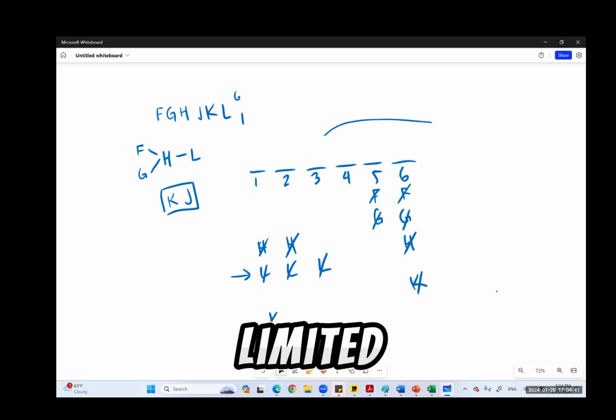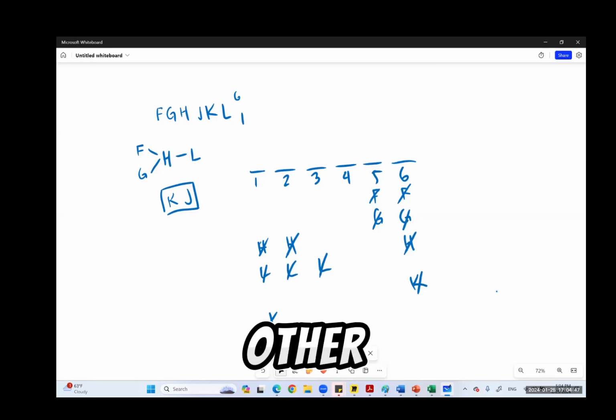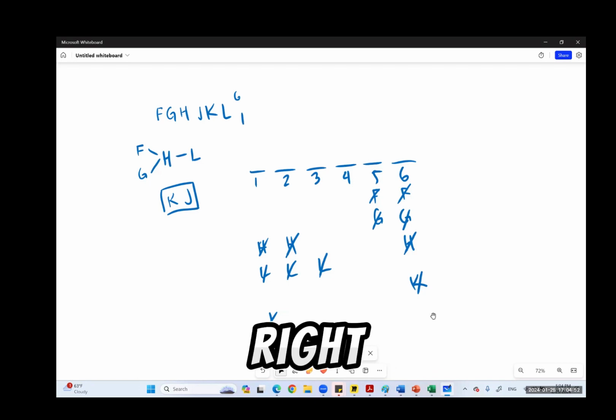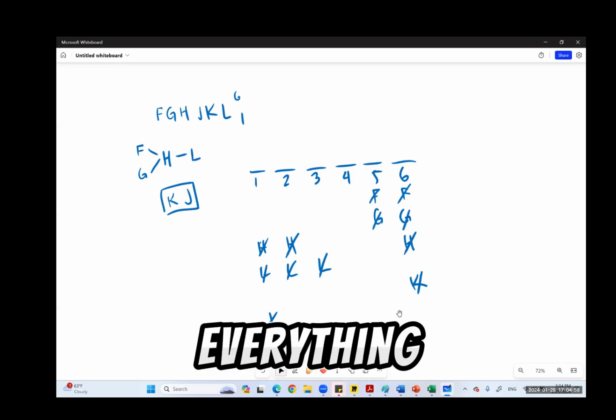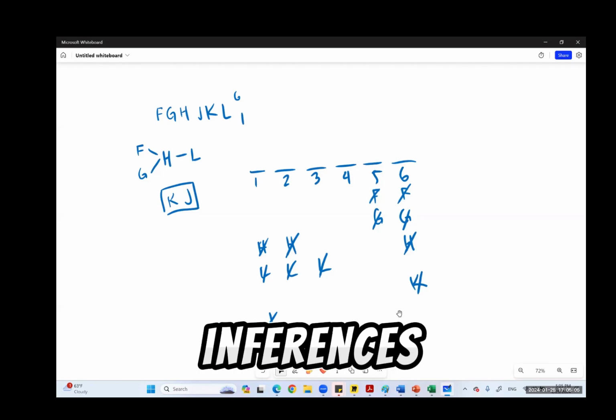L is actually pretty limited. It's not super limited, but it's kind of limited in terms of where it could possibly go. Whereas other entities, like maybe J, for example, seems like it has a lot of wiggle room, right? But this can only be done when I have a separate row for each of these entities like I have here. Imagine if I mushed everything together in the same row, it would be very, very messy. The game board would be very cluttered, and it would be difficult for me to find those particular inferences.